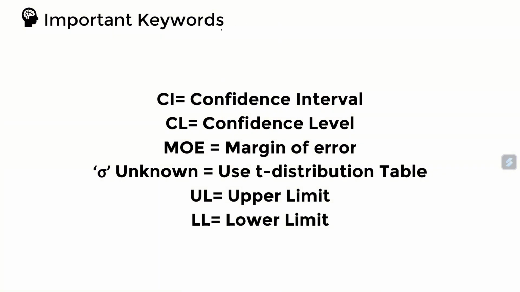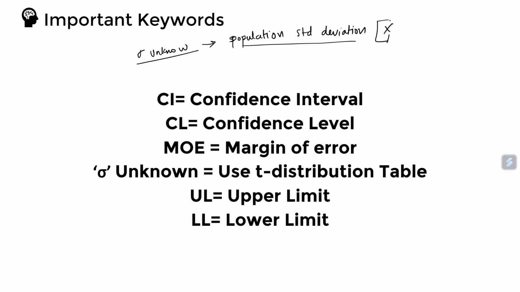So this topic was very short and simple. We saw that we have a case called sigma unknown, where the population standard deviation is not given to us. That is why we call it sigma unknown.